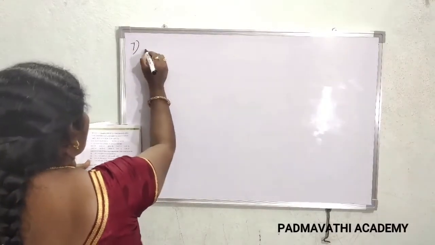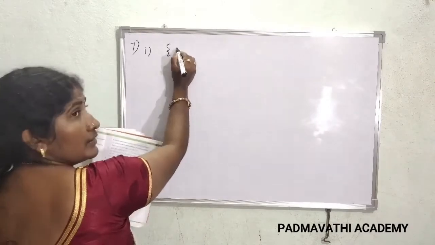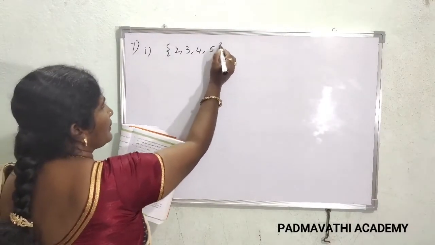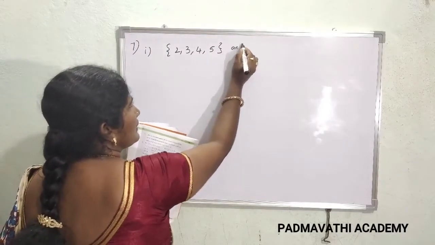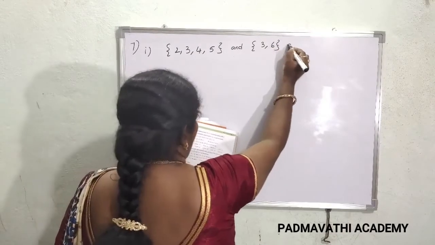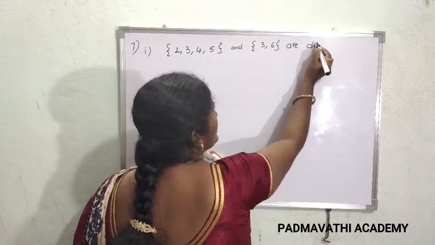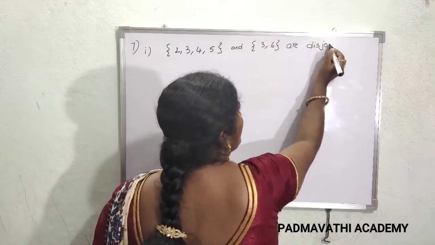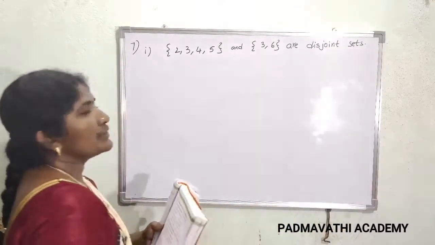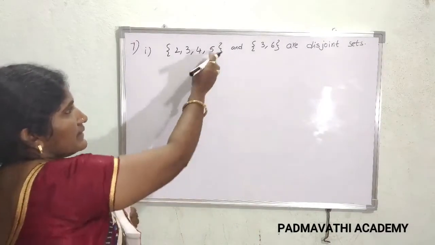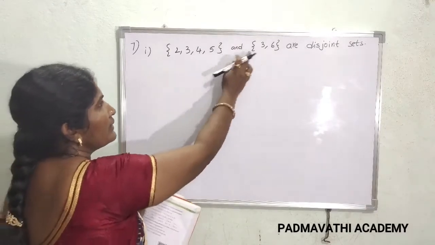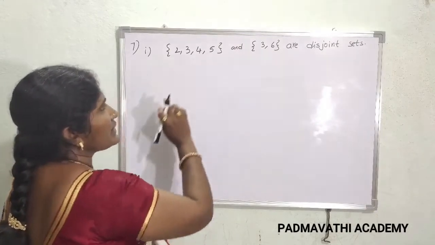First question: 2, 3, 4, 5 and 3, 6 are disjoint sets. This statement they gave, either it is true or false, we want to justify.